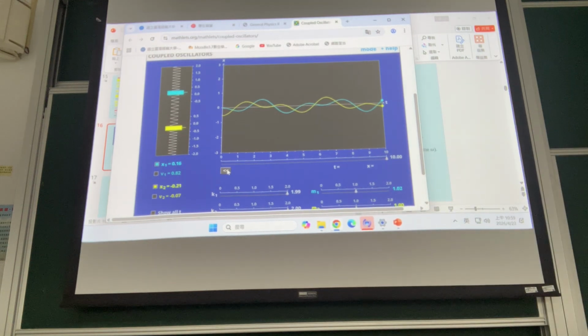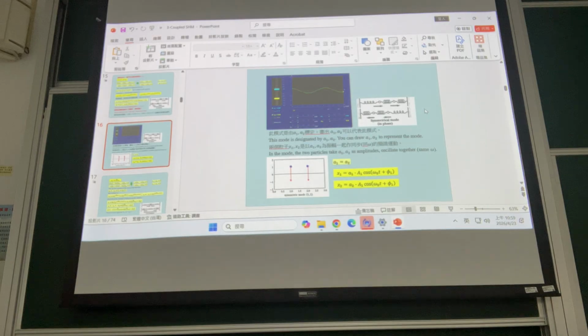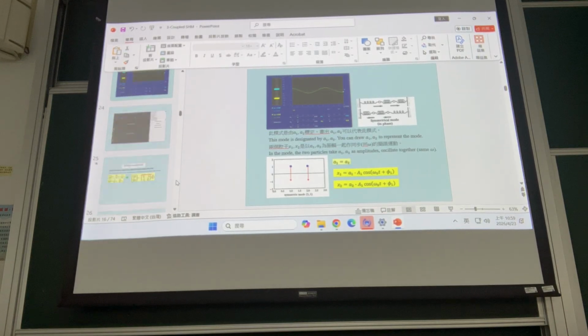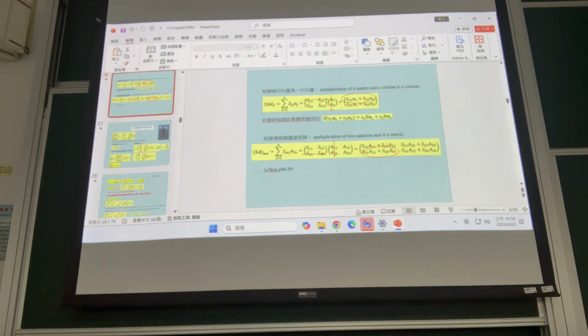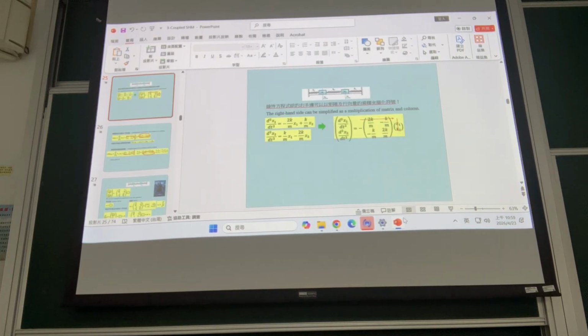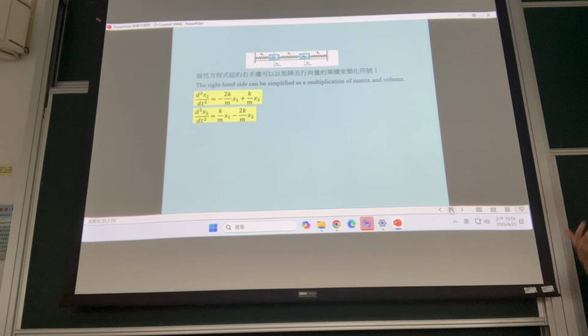Okay? Before I let you go, let's rush through the most important concepts today. Matrices. There is a method 0. I told you that this is method 0. So there must be a method 1. Method 1 is the most systematic way to solve this question.